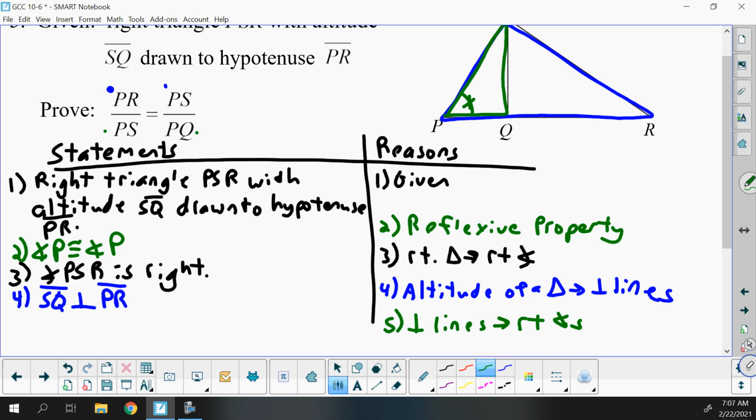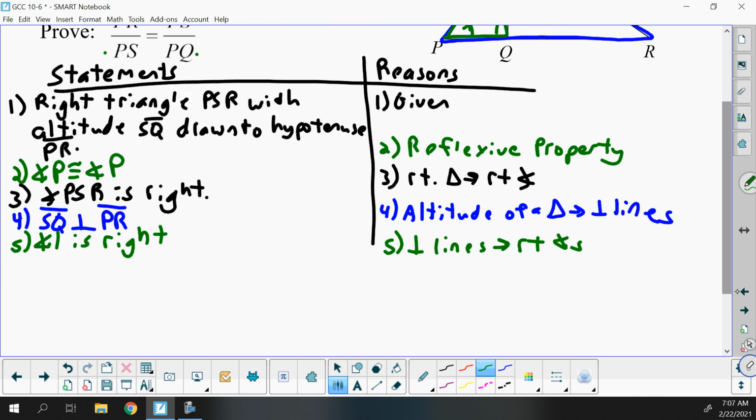So we actually have two right angles we can get on either side of Q, but we only need one of them. We need this one right here, so we'll say angle 1 is right. Because then we can do our right angles implies congruent angles.